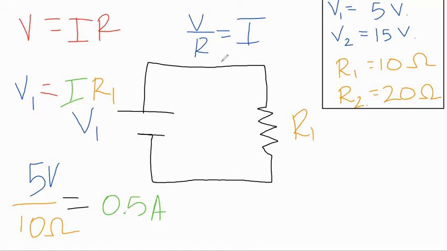So on average, the current going through this is moving at a rate of 0.5 coulombs per second. So through the circuit, 0.5 charges would be going every single second.